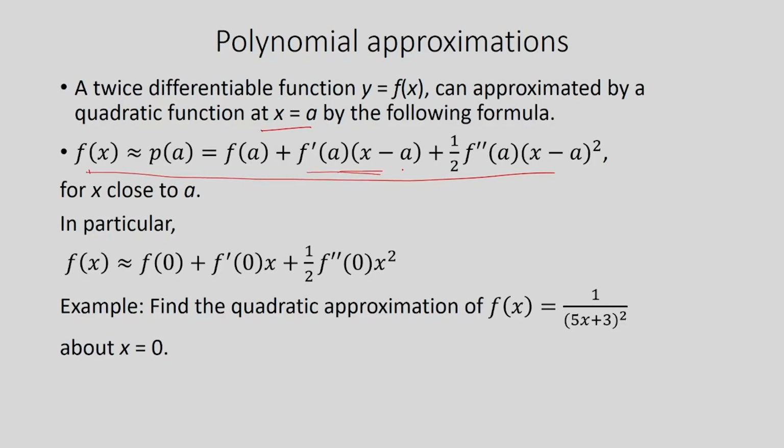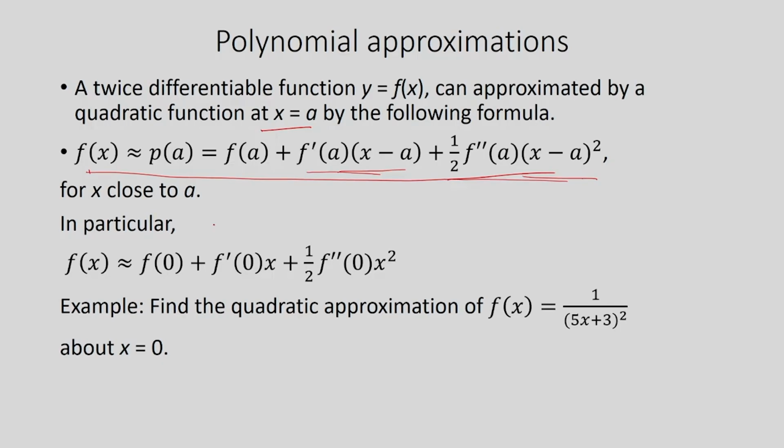Remember, this term was there in the linear approximation also, but now you have another term, right, which is half of f double prime of a multiplied by x minus a whole square. So, from here you will get x square, that is this expression becomes a quadratic function. And again, like before, this will hold in the neighborhood of the point small a. It is not valid if you take x very far away from small a.